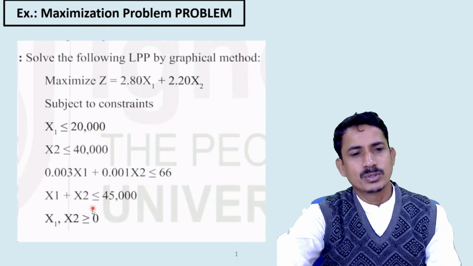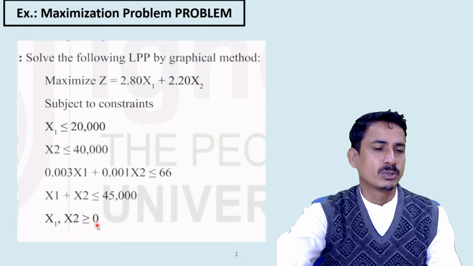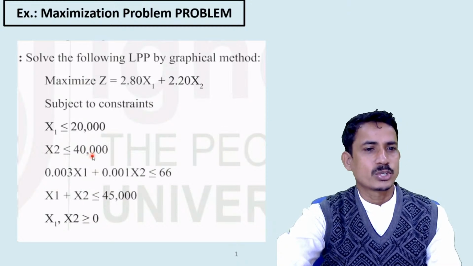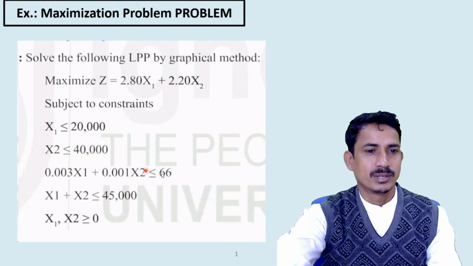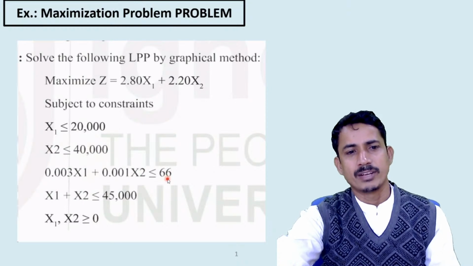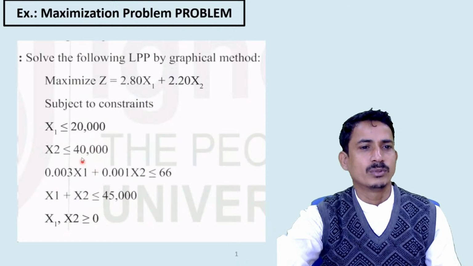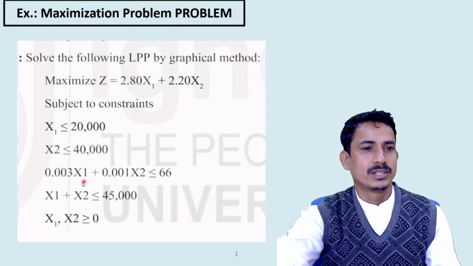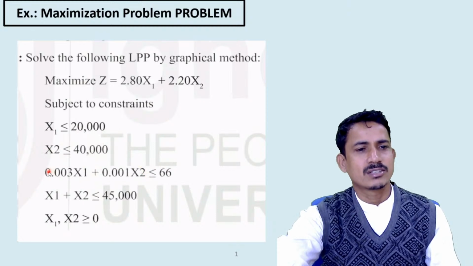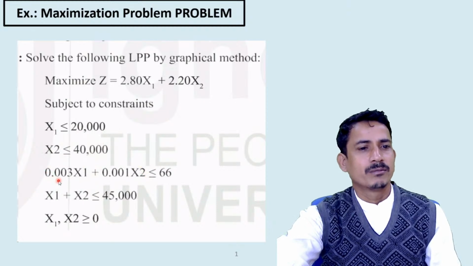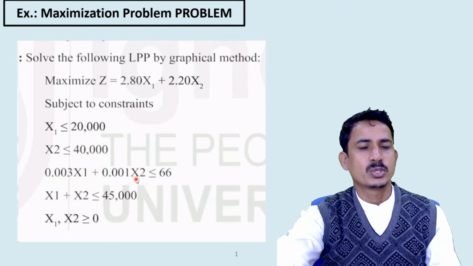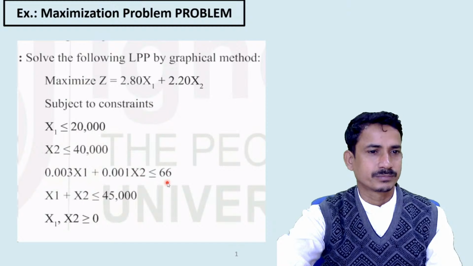Similarly, for the x2 value, though it is more than or equal to 0, again a restriction is given: it should be less than or equal to 40,000. When you are getting the solution for x1, x2, of course it will come within 0 to 20,000 for x1 and 0 to 40,000 for x2. Again, there is a third restriction given: 0.003 x1 plus 0.001 x2 less than or equal to 66.